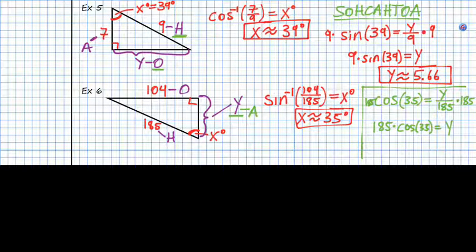So let's plug that into our calculator. We've got the cosine of 35, multiplied by 185, and that's going to give me approximately 151.54. So y is approximately 151.54.